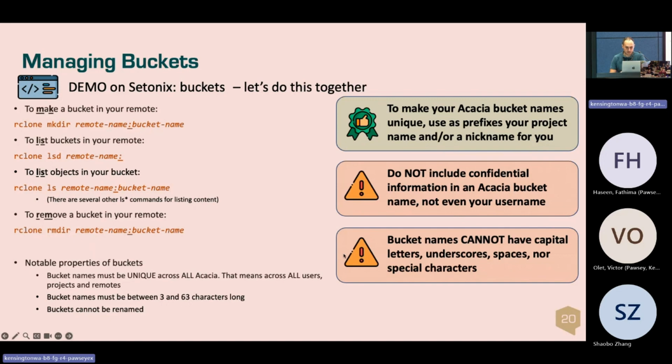There are a few conventions and a few do's and don'ts when you create buckets. The bucket's name cannot have capital letters, underscores, spaces, or special characters. This is about buckets, not the objects in the buckets.